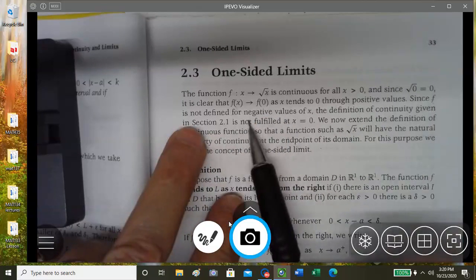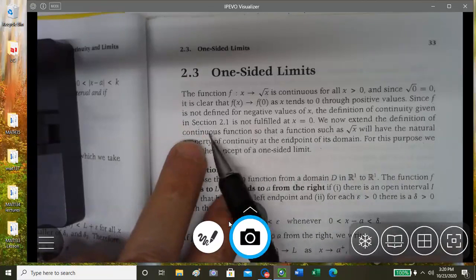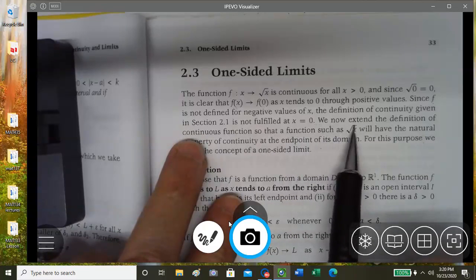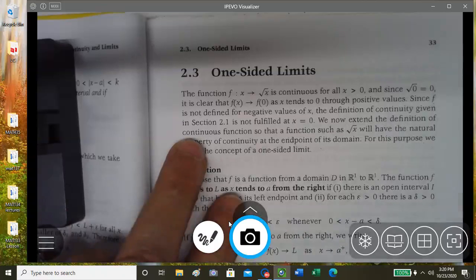Since it is not defined for negative values of x, the definition of continuity given in section 2.1 is not fulfilled at x equals 0, because it does not approach from the right and the left.